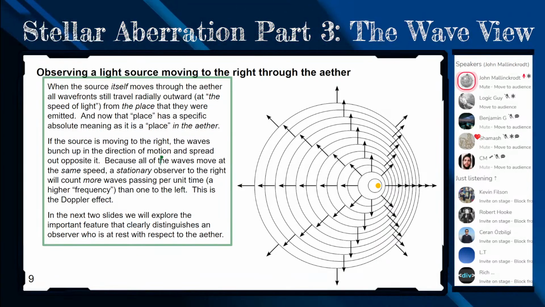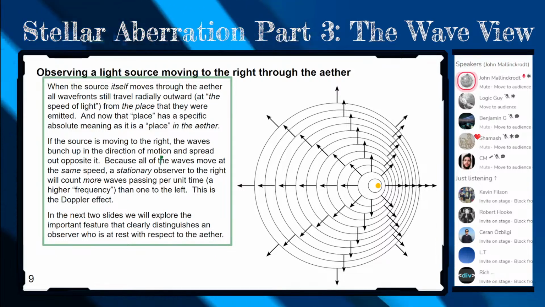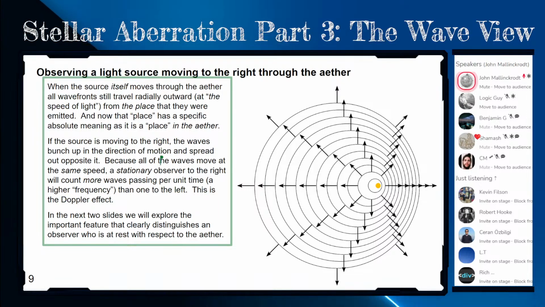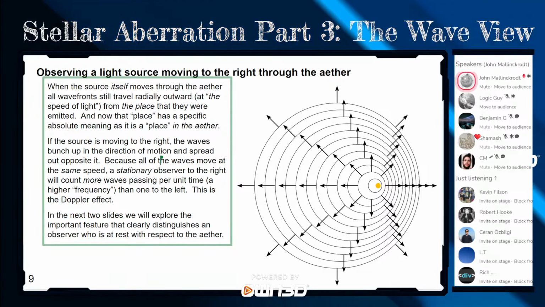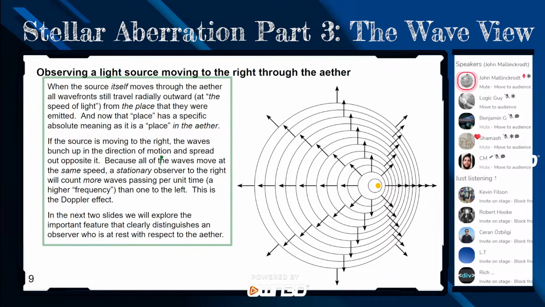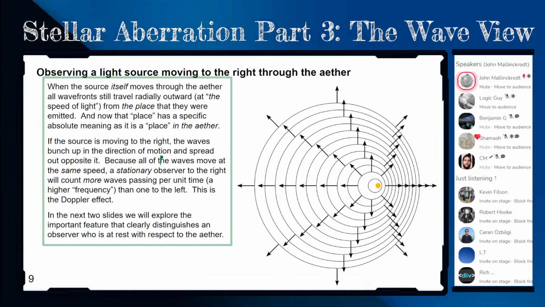They're all traveling at the same speed, and so those waves will come by him more quickly than an observer to the left of the source, because both observers will see the waves traveling at the same speed, but the wave fronts have to travel further. One wave front passes the observer to the left, and then it takes a little longer for the next wave front to get to him just because they're further apart. And that's the Doppler effect.